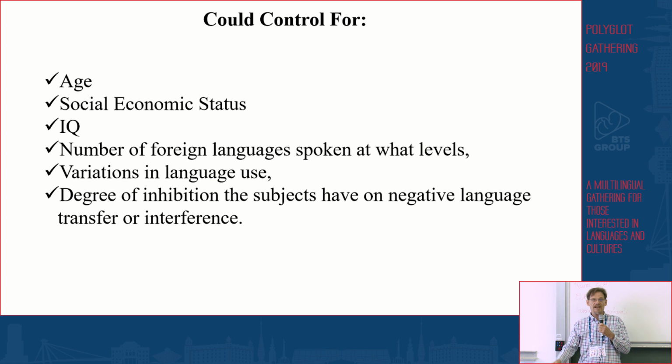If they got 500 polyglots to participate in a test over the period of the gathering, then you could control for age, socioeconomic status, IQ, number of foreign languages spoken, variations in language, and importantly, the degree of inhibition the subjects have over negative language transfer and interference. You want to say it in one language, but another word comes, etc.